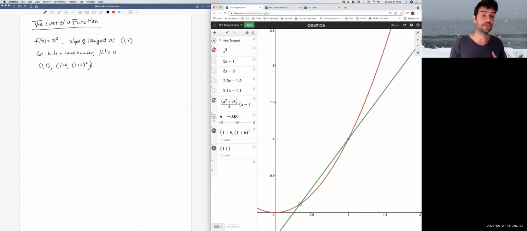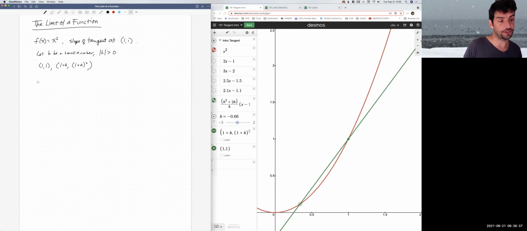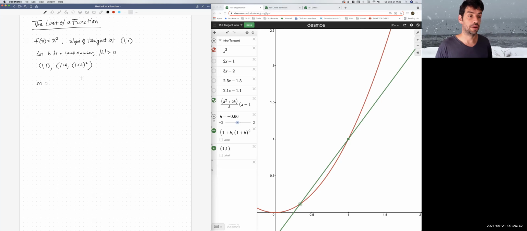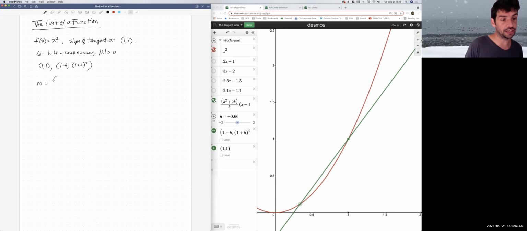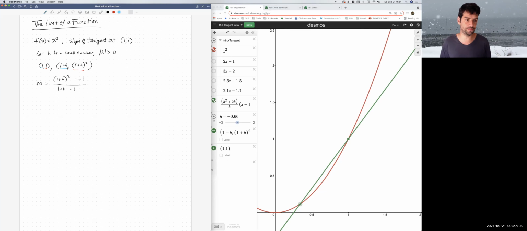So here are the 2 points that we're going to use to create the slope. And the slope of these approximating lines will have the change in y, so I'm looking at the 2 y coordinates, here's the second one, here's the first one, over the change in x, (1 + h) - 1. So there are our 2 x coordinates.